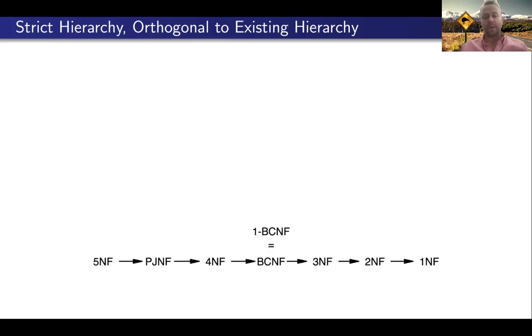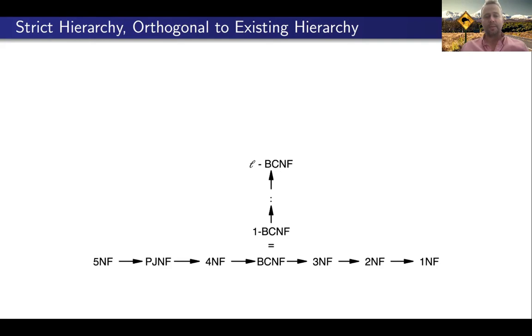We get a strict hierarchy here that's orthogonal to the existing hierarchy. We all know the hierarchy that every second normal form is in first normal form, third normal form is in second normal form, BCNF is in between fourth and third normal form, project-join normal form and fifth normal form. But then one bounded cardinality normal form is of course equivalent to Boyce-Codd normal form.